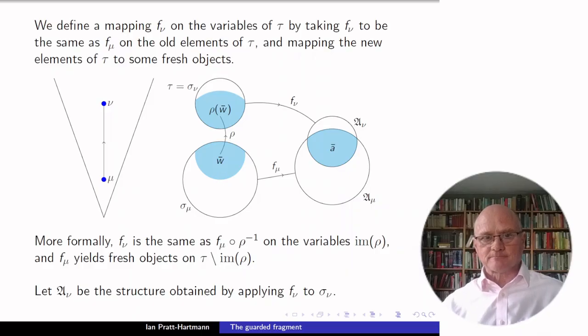Okay, so when I do that, you'll see that because of the way this thing was chosen, this structure A nu will contain witnesses, all the witnesses required for the elements in W, right? So all of the witness requirements will now be satisfied.